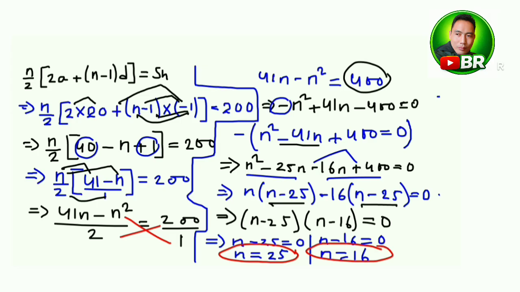Okay students, in this way we have obtained two values of n, but which of these will be our correct answer? For knowing that, firstly we need to find an, or the last term, right? So firstly, let's find an. For that, let's proceed to the next page. Students, we have the formula for finding an: an equal to a, the first term, 20, plus n minus 1 into d.